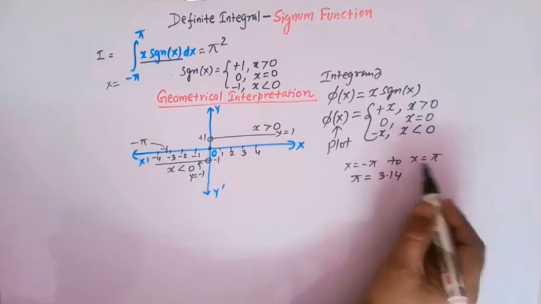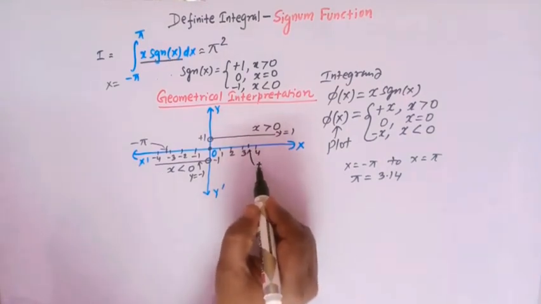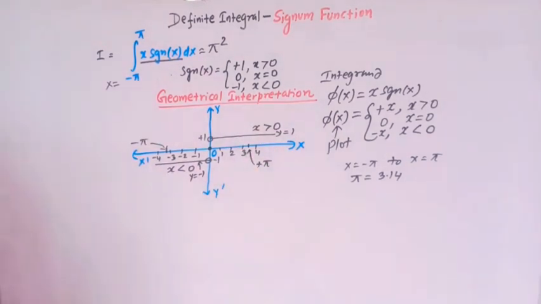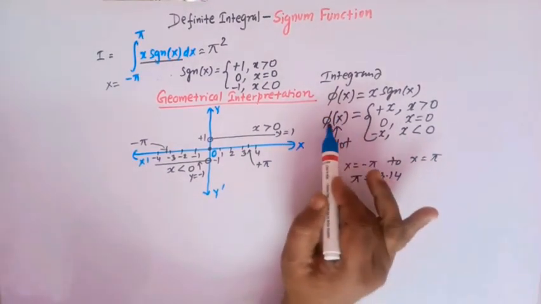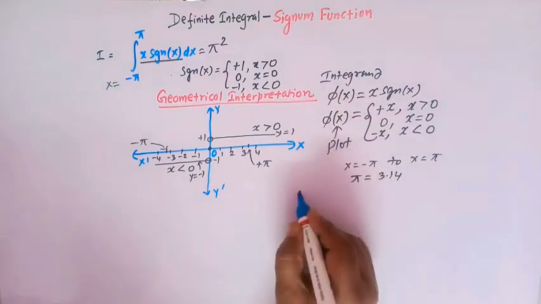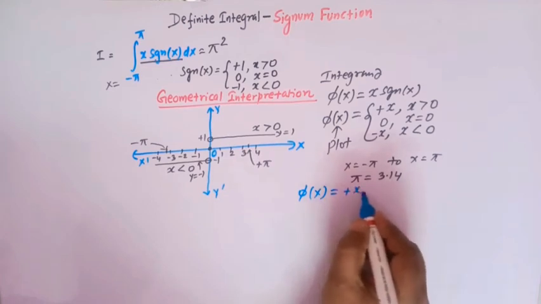So x equal to pi lies somewhere here, right? This is the point plus pi, that is 3.14.